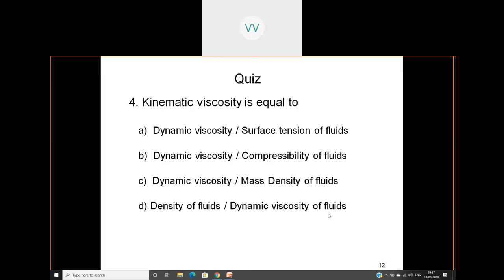So what is the correct option? Dynamic viscosity by mass density, that means mu by rho. That is the formula which we have seen. So all the other options are ruled out. So C is the correct option.